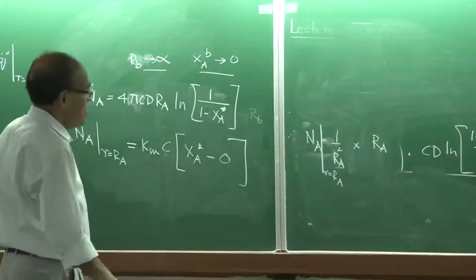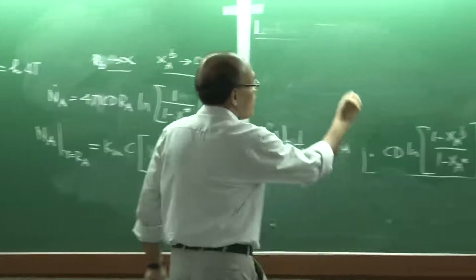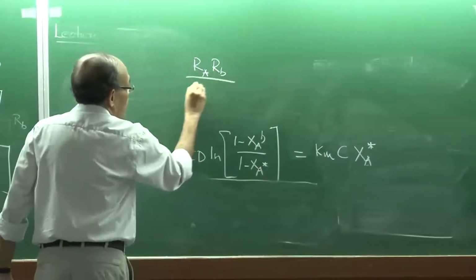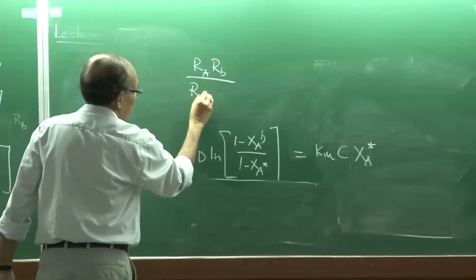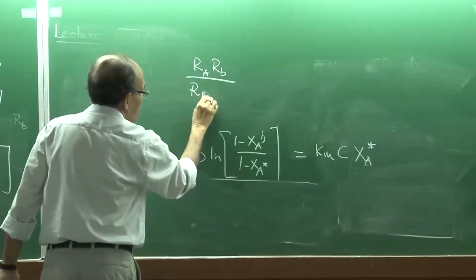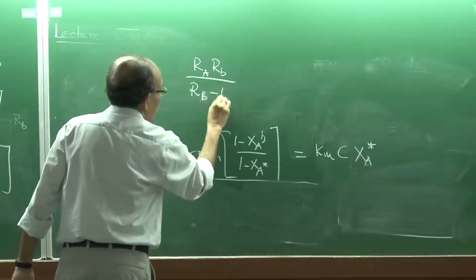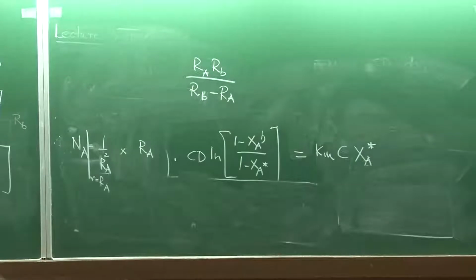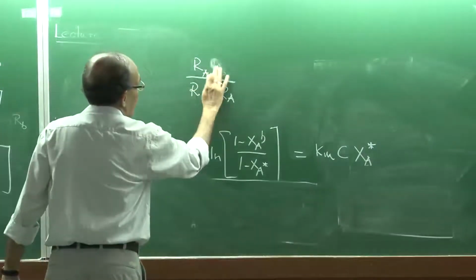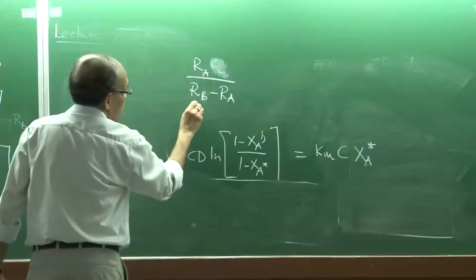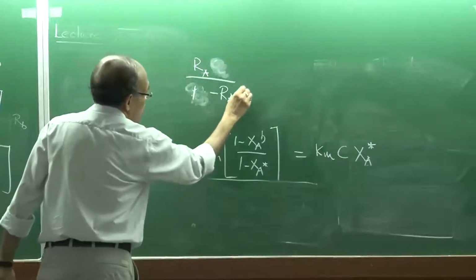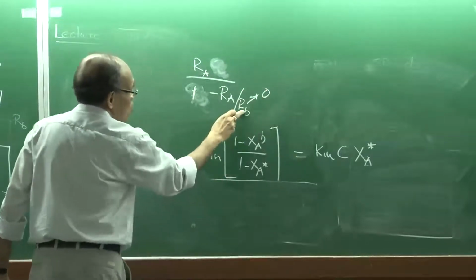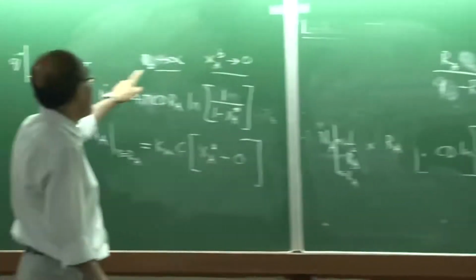Because of the simple fact, if you remember, that we had R A into R B divided by R B minus R A. So, the moment I operated this, divided it by R B, this is R A, and this becomes 1, and this becomes R A by R B, and this term becomes equal to 0, because R B is given a value of infinity.